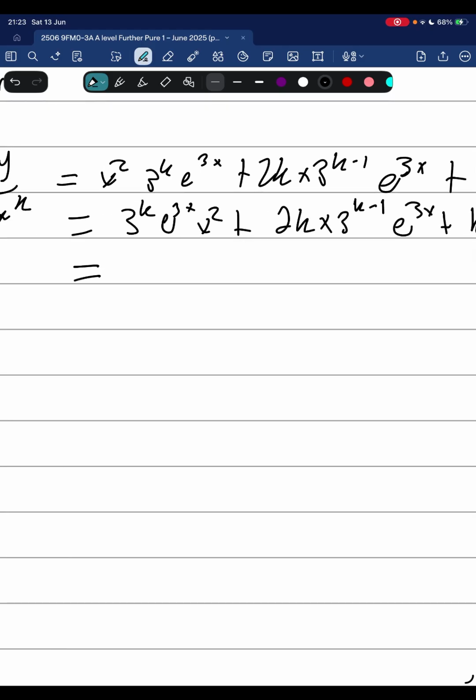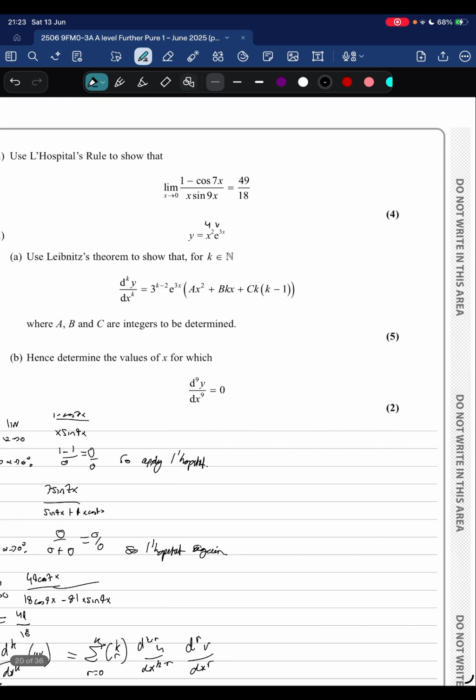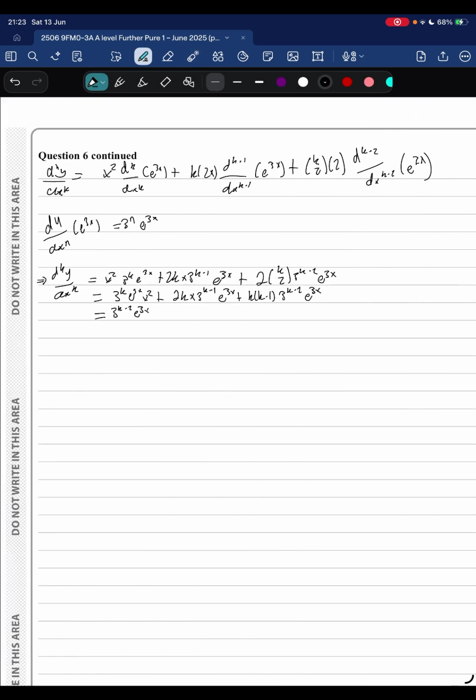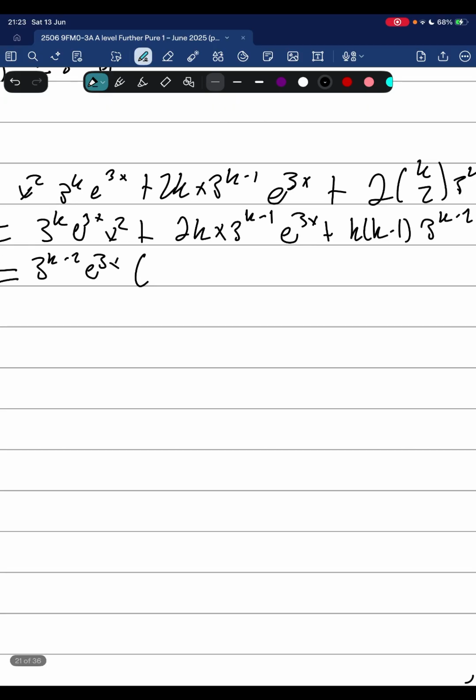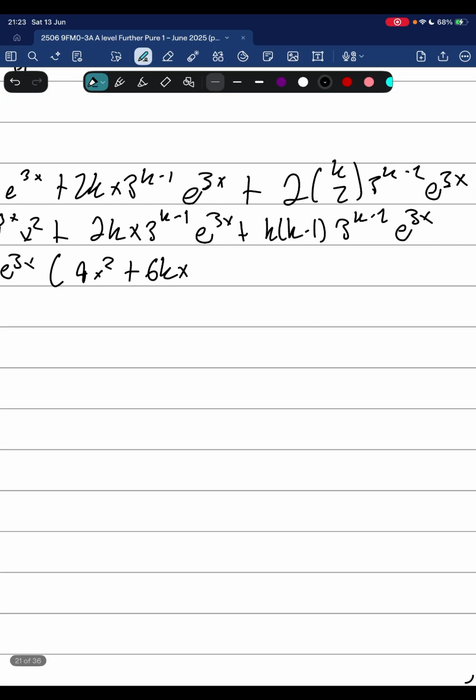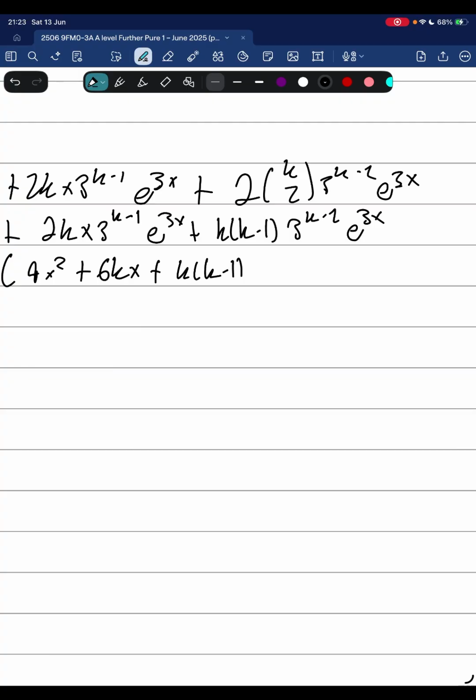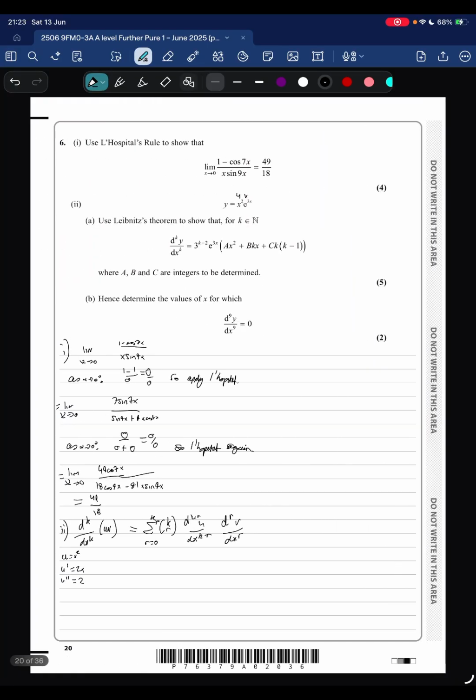And now we can factor out a 3 to the k minus 2 e to the 3x, because that's what we want in the question. From the first term we get 9x squared plus 6kx plus k(k minus 1), which is what we wanted in the question.